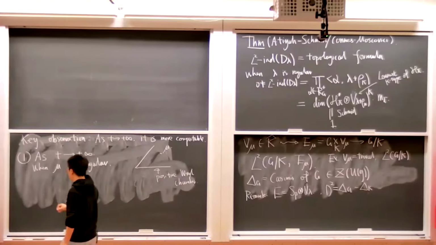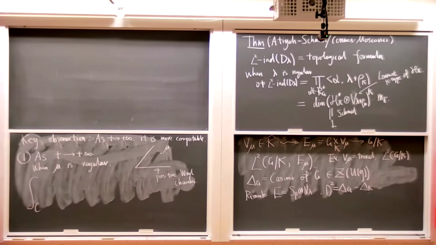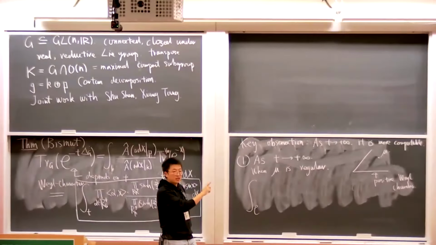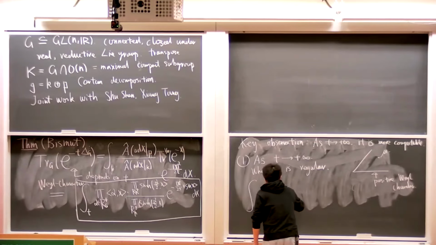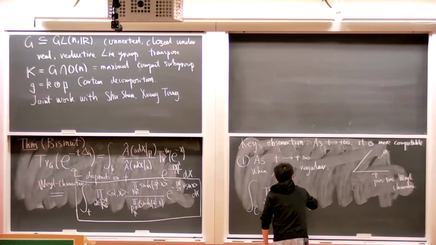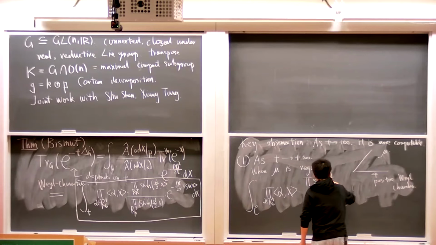So that one can be reduced to this one. C stands for the positive Weyl chamber determined by this mu, the highest weight of the K representation you begin with. Of this, this is the polynomial term, alpha of x, and we have this one, sinh of alpha over 2 of x.